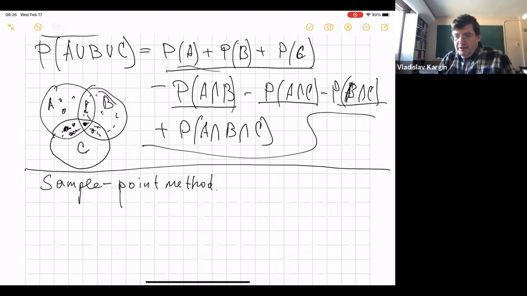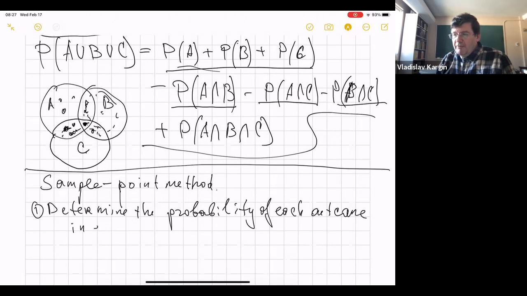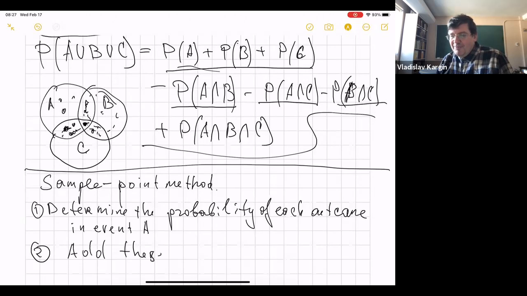First, determine the probability of each outcome in event A, and second, add these probabilities together.